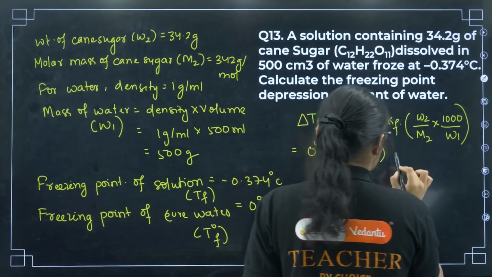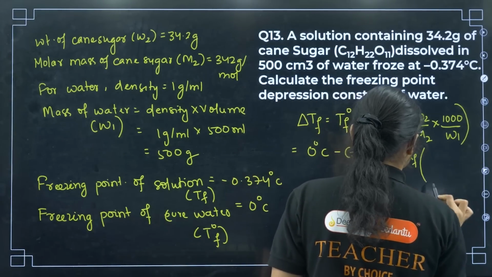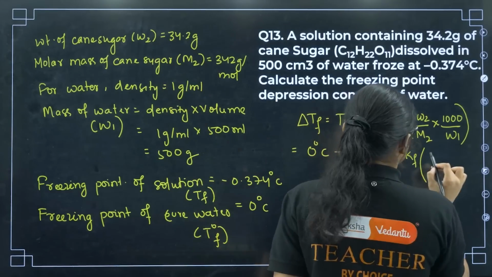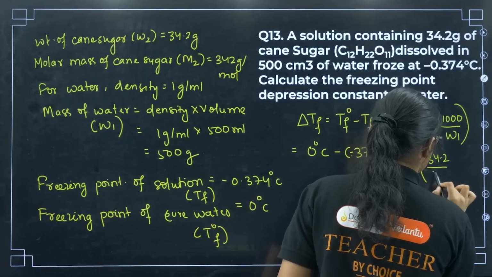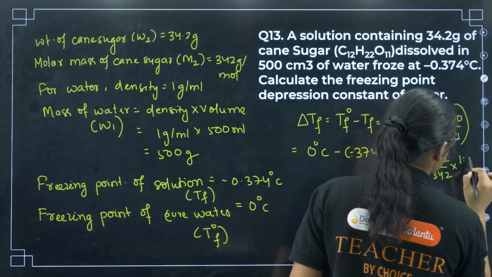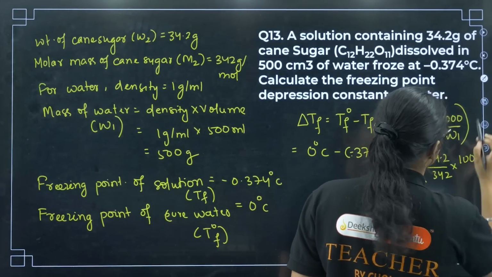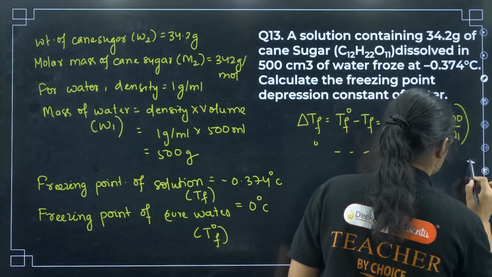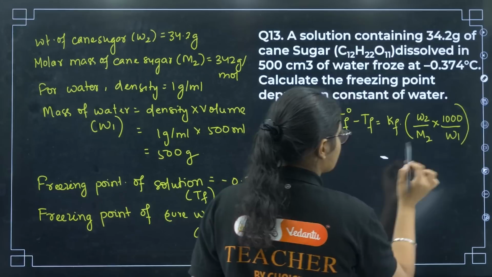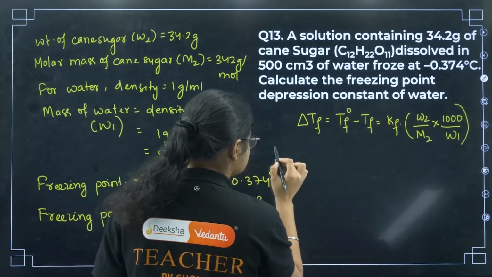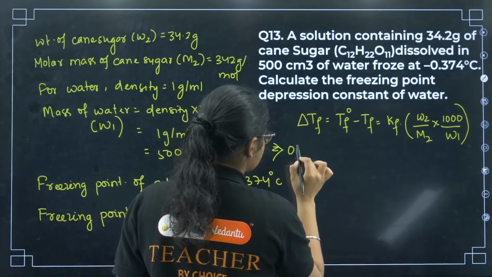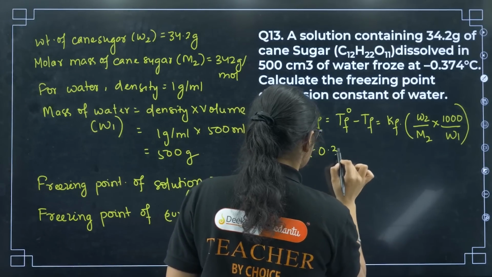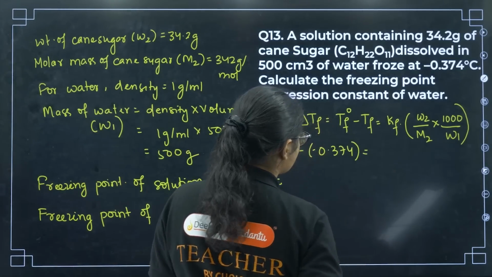Okay, that is equal to Kf into W2, which is 34.2 divided by 342 into 1000. Let me write it from a little bit of the left side. So it is 0 minus 0.374, that is equal to Kf.